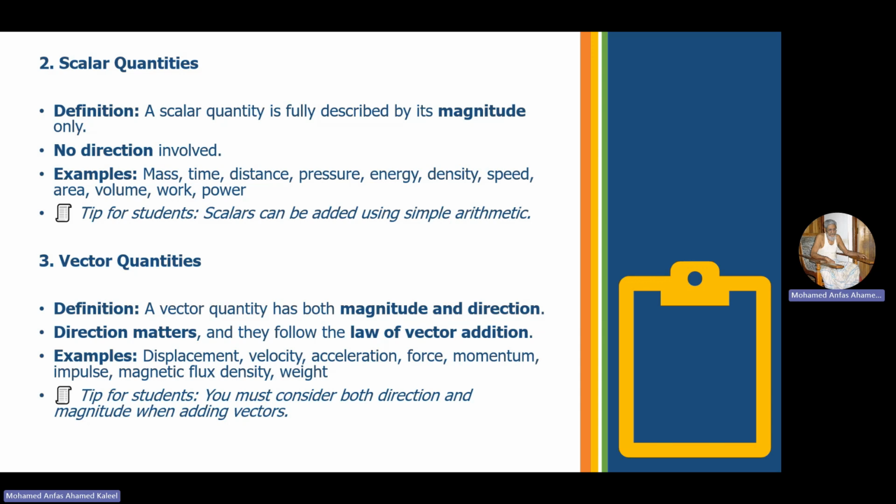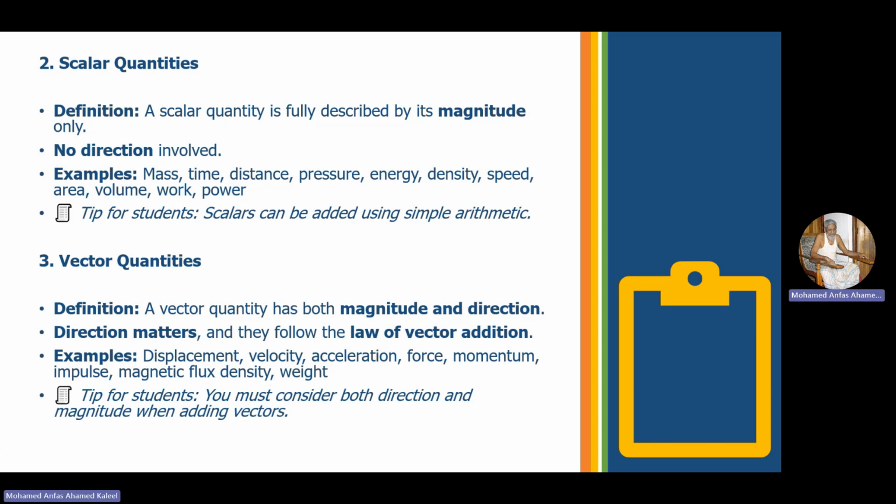Also momentum, impulse, magnetic flux density, not density but magnetic flux density, and weight are all examples of vector quantities. Tip for the students: you must consider both direction and magnitude when adding vectors.